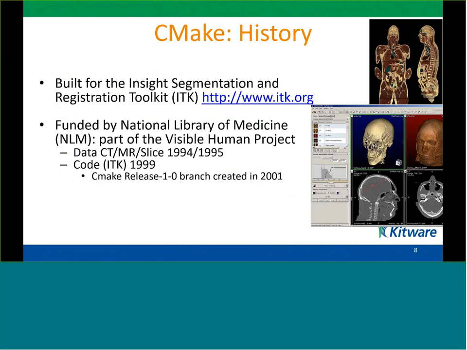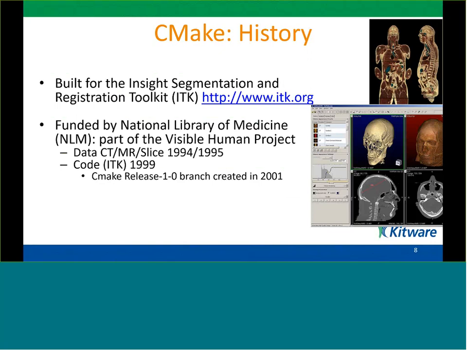A little history of CMake, to give a shout out to where it got created from. The Visible Human Project was created by the National Library of Medicine, and in '94, '95 they created a data set that they made public.